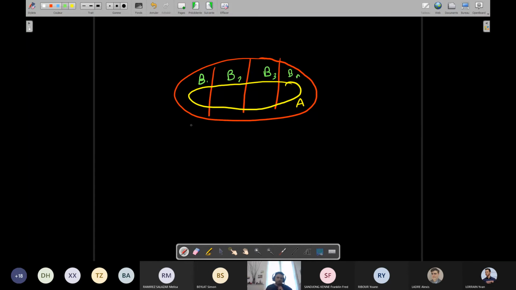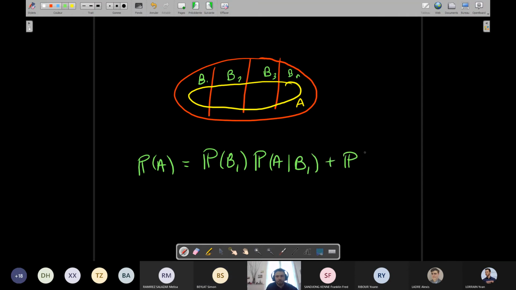And you have to compute the probability of A. The probability of A is the sum of the probabilities of each part. So this is the probability of B1 times the probability of A given B1, plus the probability of B2 times the probability of A given B2, plus etc.